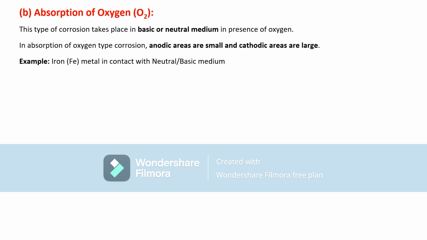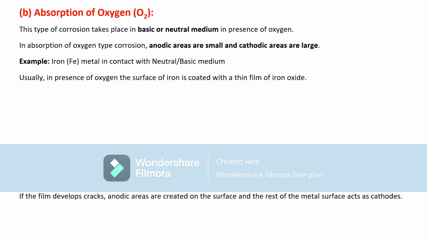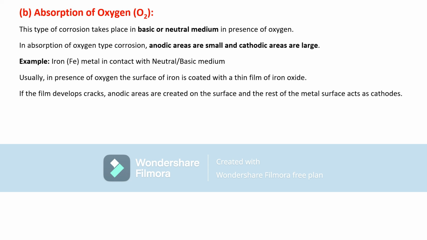An example for this type of corrosion is iron metal in contact with neutral or basic medium. Usually in the presence of oxygen, the surface of iron will form an iron oxide film, which is usually known as rust. However, while forming the iron oxide, the metal oxide layer, sometimes there may be some cracks or gaps.